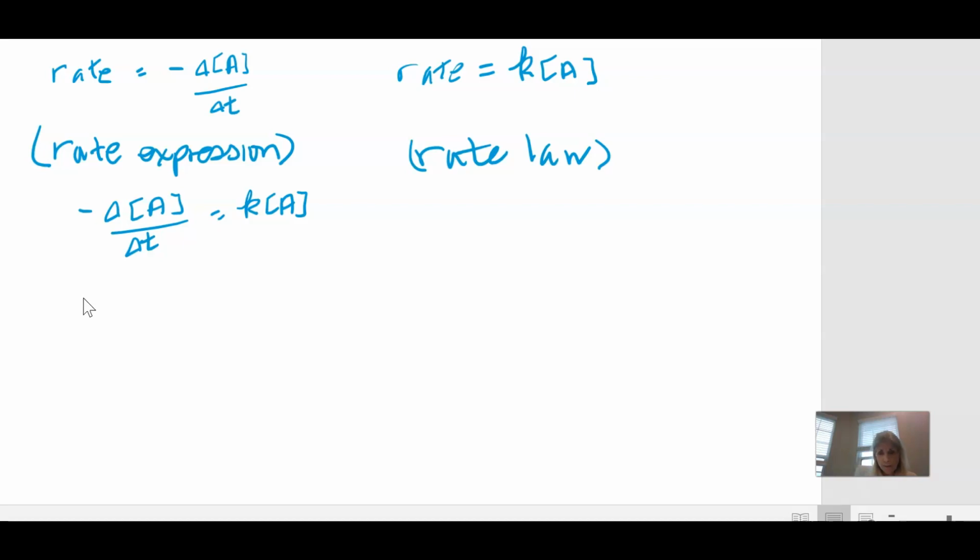So let's integrate now. I pulled out the negative here, and I just call the change dA dt right here.